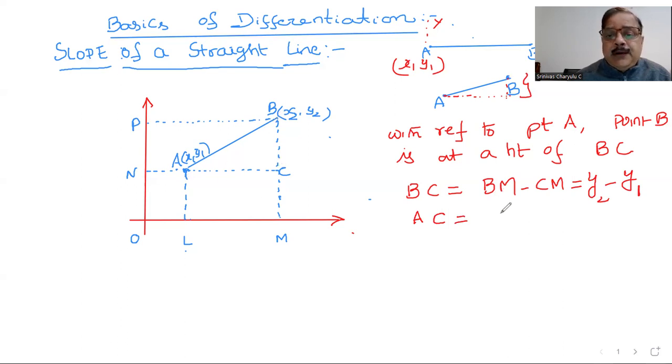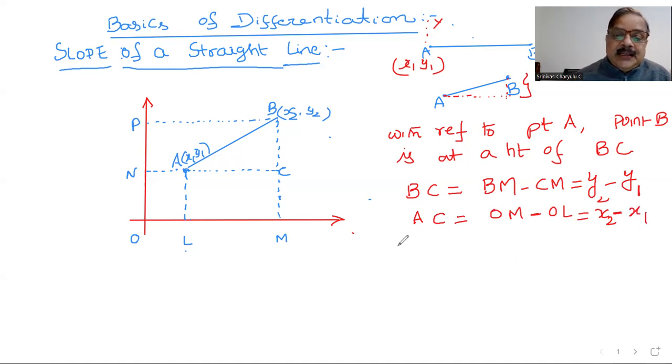So AC I want to find out. AC will give me the projected distance of point B on AC. So AC will become OM minus OL. It is simply x2 minus x1.